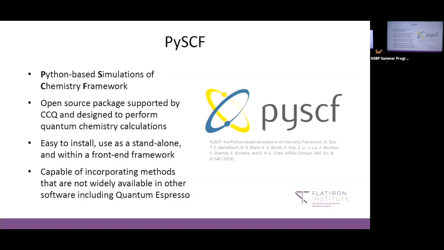So it takes a different angle than Quantum Espresso does. It's also easy to install. It can be used as a standalone. It can also be used within a front-end framework, for example, ASE, Atomic Simulation Environment. It is also capable of incorporating methods that are not widely used or available, rather, in other software, including.